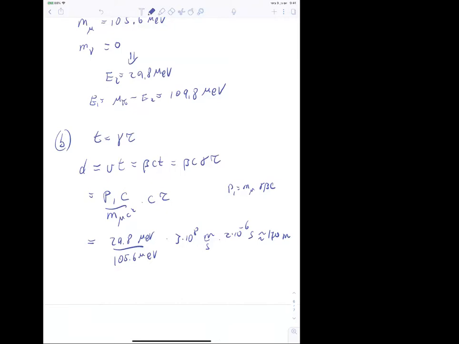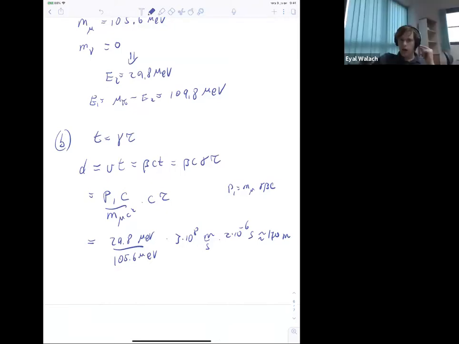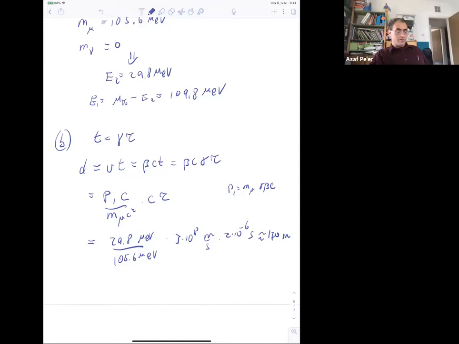Yeah. How does the finite lifetime of the pion, or the finite lifetime of the muon, come into this calculation? Can we just use the muon mass without any width? Isn't there any randomness or something like that? There is a width, of course, to the muon mass because it decays.